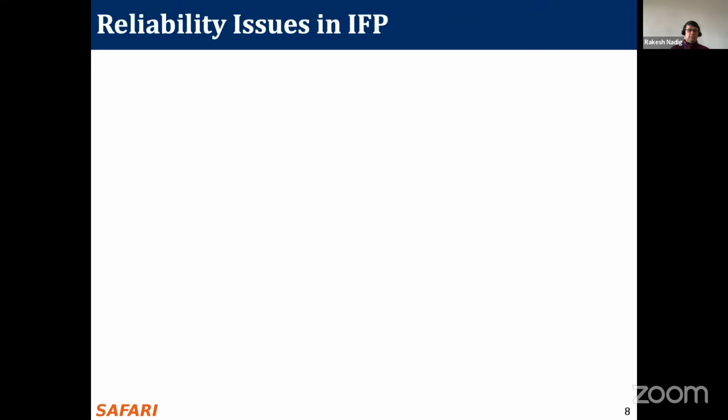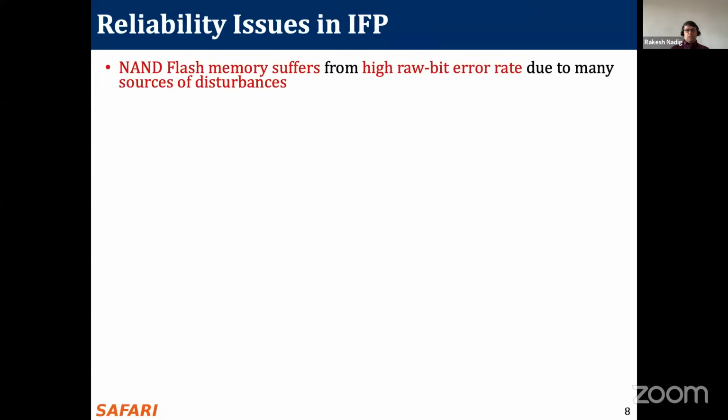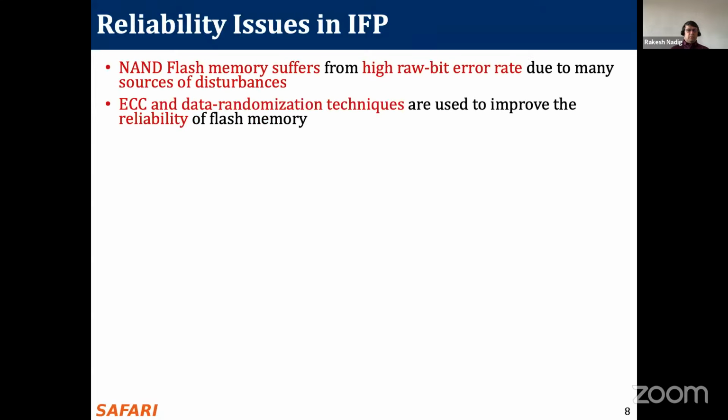Now, this is not the only challenge in flash processing. We also see that there are reliability issues because NAND flash memory itself is a very highly error prone substrate. There are many sources of disturbances in NAND flash memory which cause data corruption when stored in NAND flash chips, or when we perform a program or a read, it can cause some bit flips.